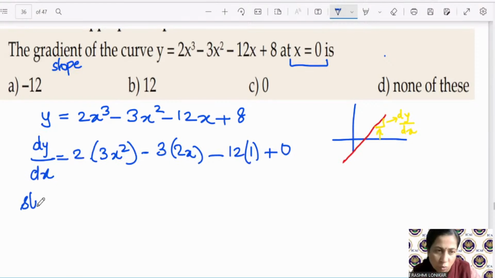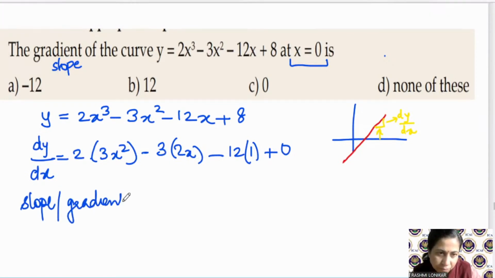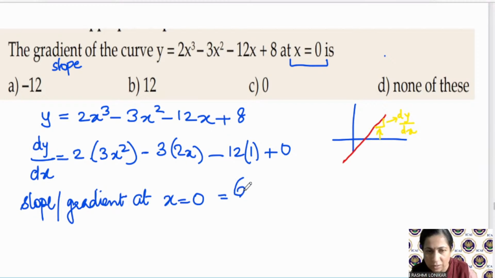So the slope or gradient at x is equal to 0 is 6x square minus 6x minus 12 at x is equal to 0.